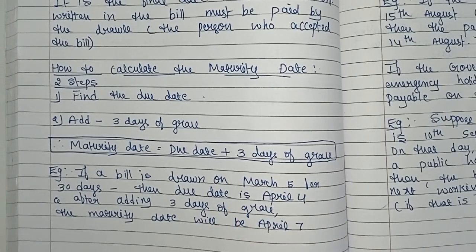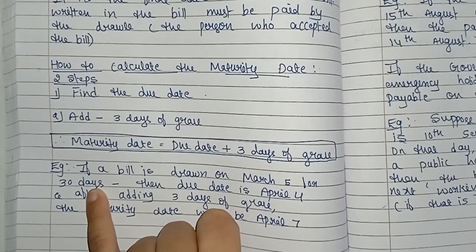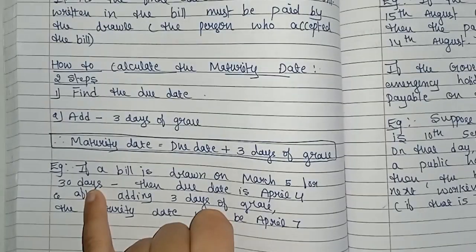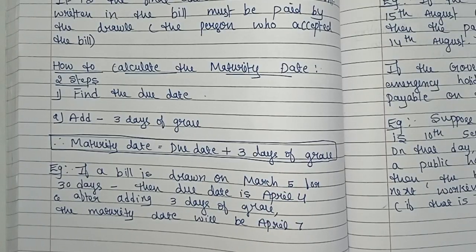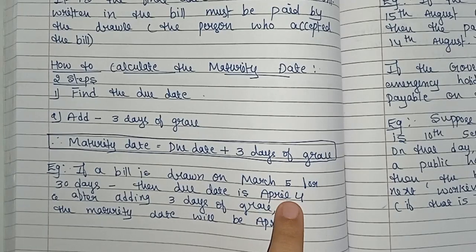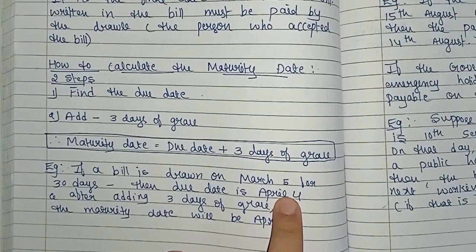Now count 30 days from March 6th, because the bill is drawn on March 5th for 30 days. Now the 30th day will be April 4th. Means the due date is April 4th.